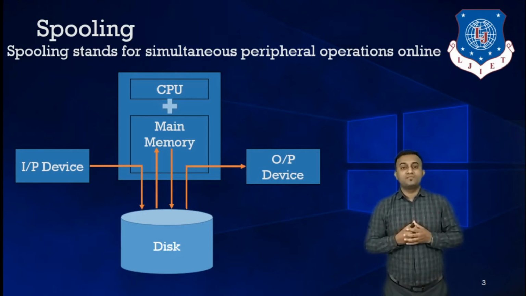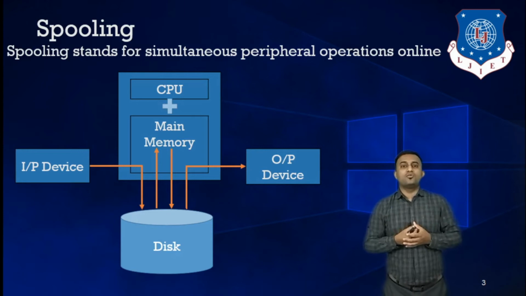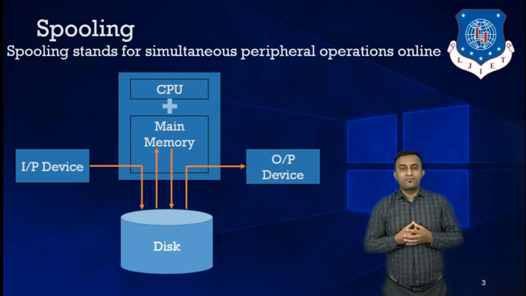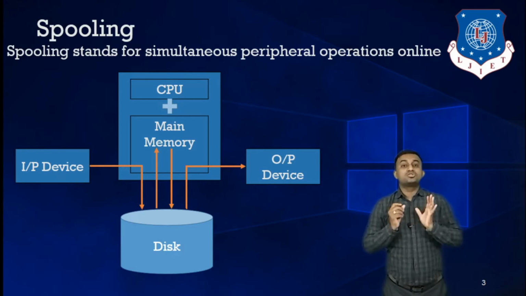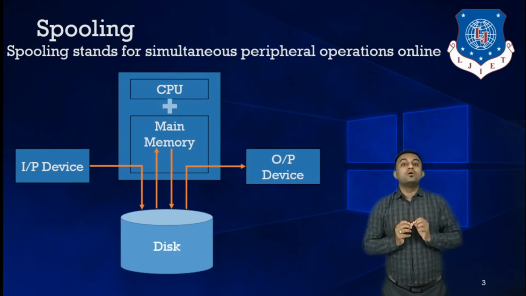We are dealing with card readers and punch cards as input and output devices. The IO devices are slower in terms of speed as compared to digital devices like CPU, main memory and secondary memory. You have to keep this in mind.